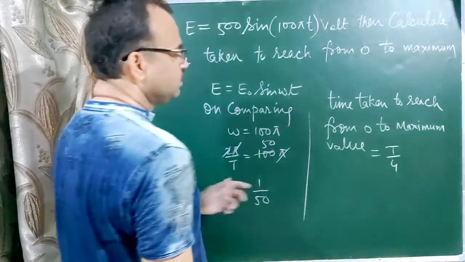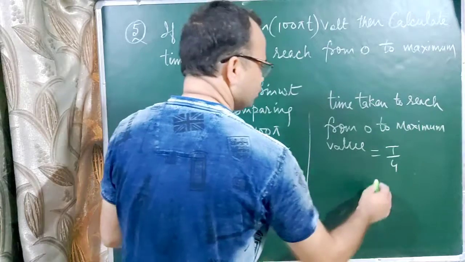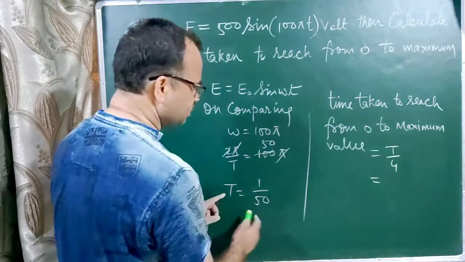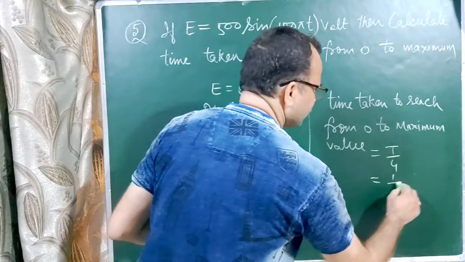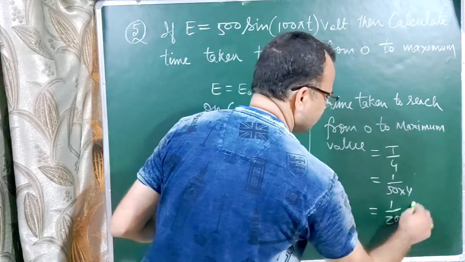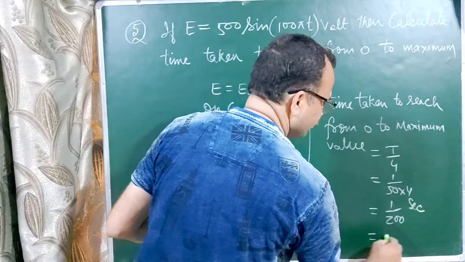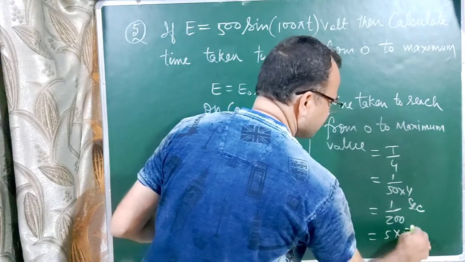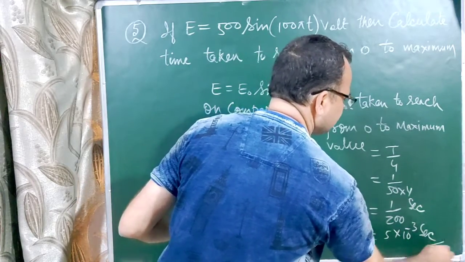So you have to learn the time will be T by 4. So its value, the value of T is 1 upon 50. So here 1 upon 50 into 4, 1 upon 200 second. Or we can write 5 into 10 raised to power minus 3 second. Right?